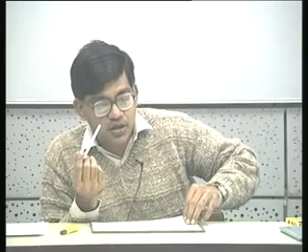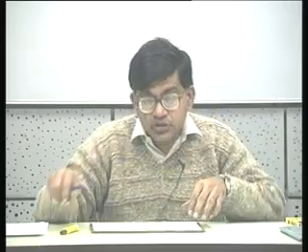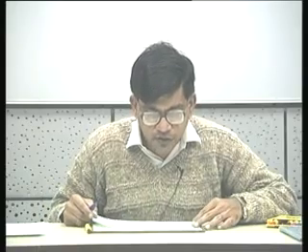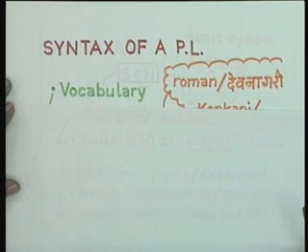So let us look at this in the more general setting of a programming language. We might think of every programming language as having a vocabulary. A vocabulary is what you might call a complete dictionary of words of the language.